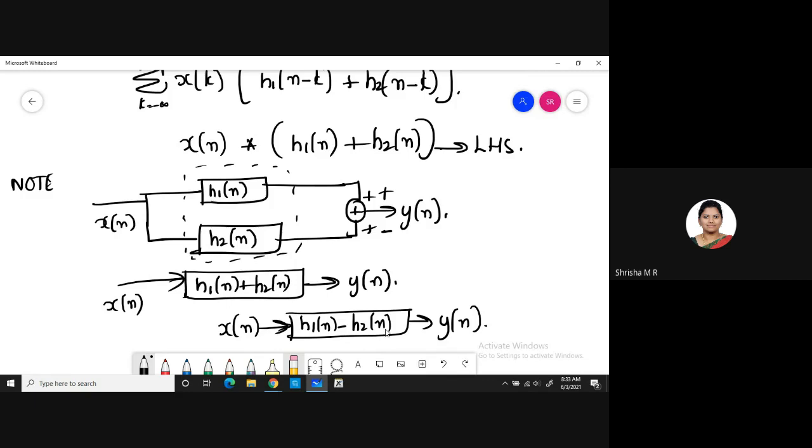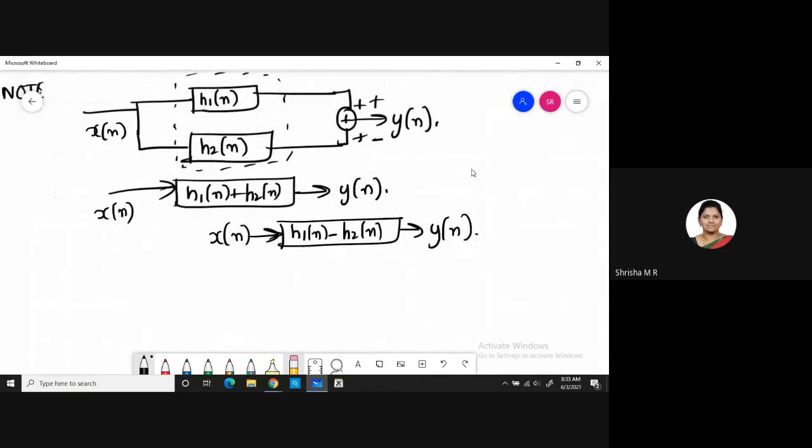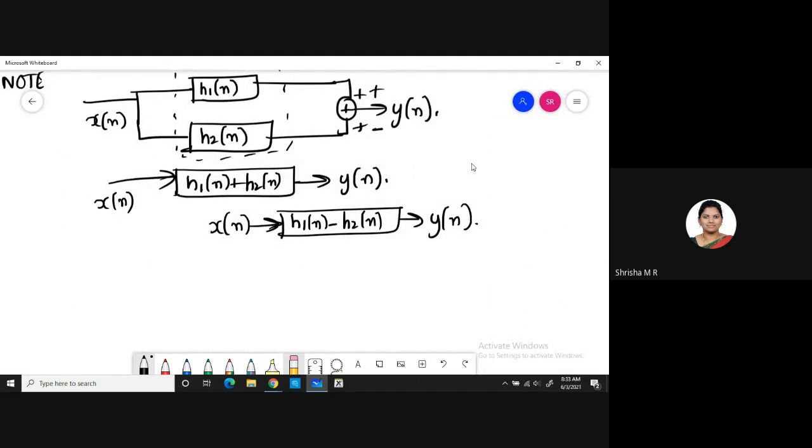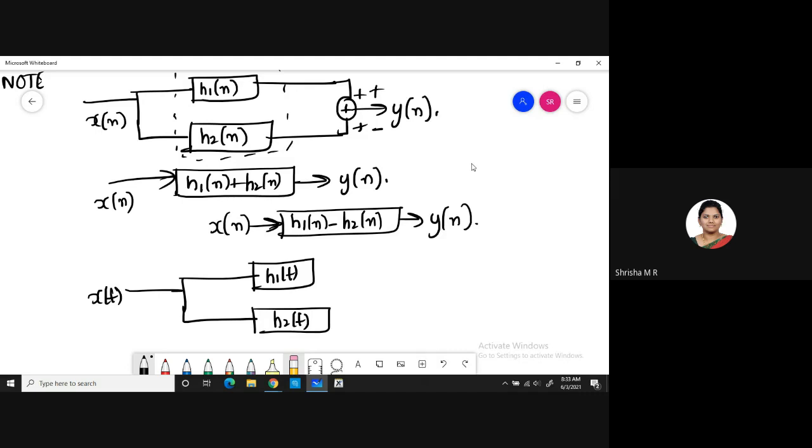Clear? Yes, ma'am. So this holds good for the convolution integral also, or continuous time systems also. If you are giving x of t as the input to two systems in parallel, that is H1 of t as well as H2 of t, and you add them both, then you get y of t.